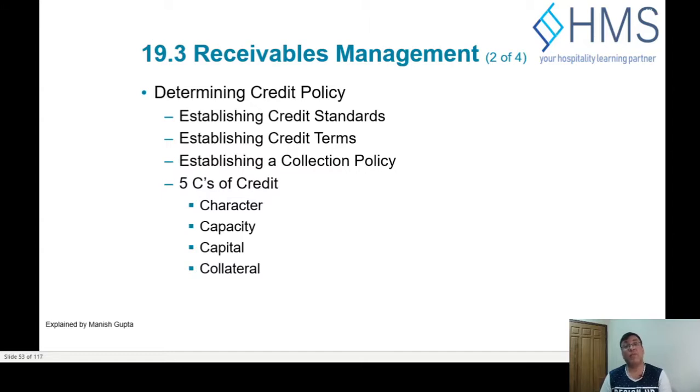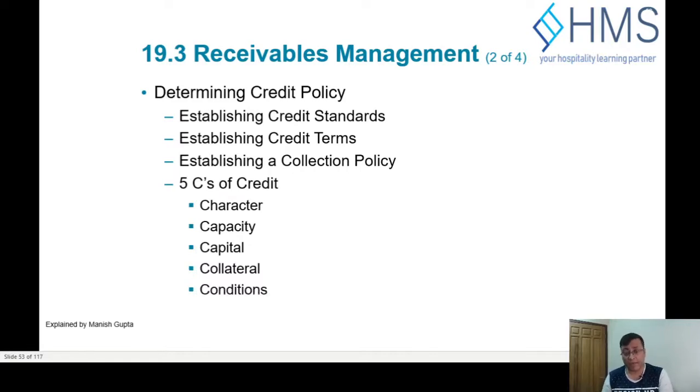We just ask for personal guarantees of the directors or the key decision makers. But some companies, like manufacturing companies, may require collateral. To get the credit, you may have to deposit a bank guarantee with the company in order to avail the credit.